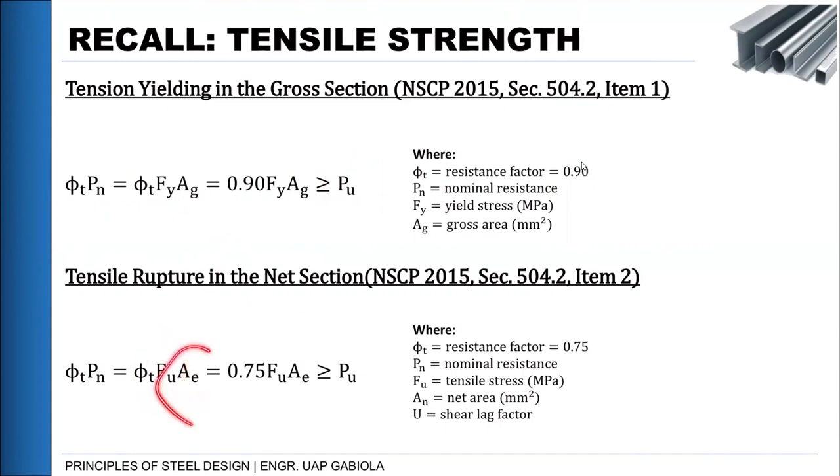And Ae, where we know that this is the product of our net area and our shear lag factor. So the capacity for tensile rupture will be 0.75 times the ultimate strength times the effective net area, and that capacity should also be greater than or equal to our ultimate load, again calculated based from our load combination.